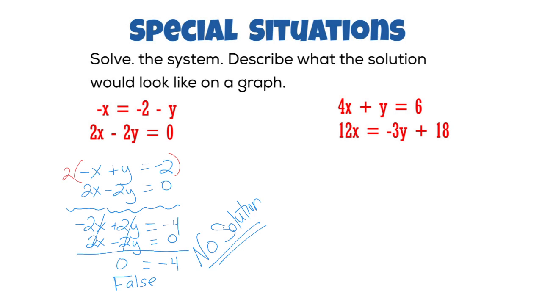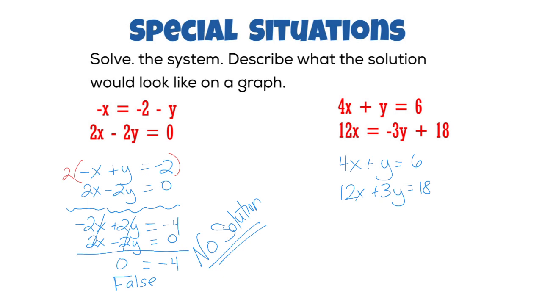All right, let's try something a little bit different over here on the right. The top equation, already in standard form. This one is not, so I'm going to bring the 3y over. Want to get one of the variables to eliminate.